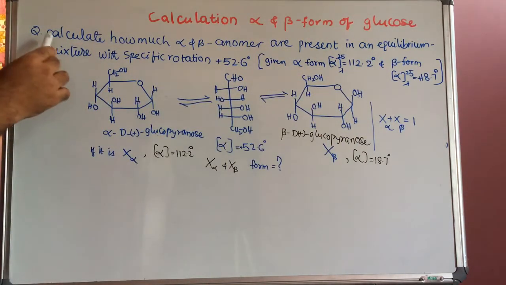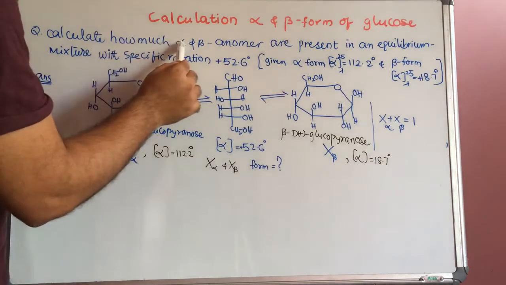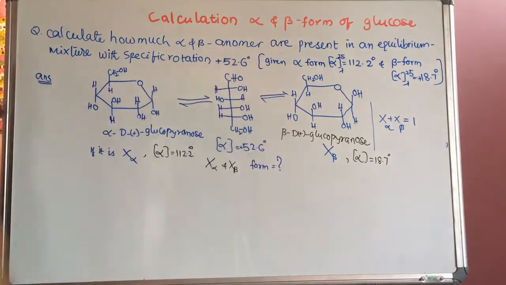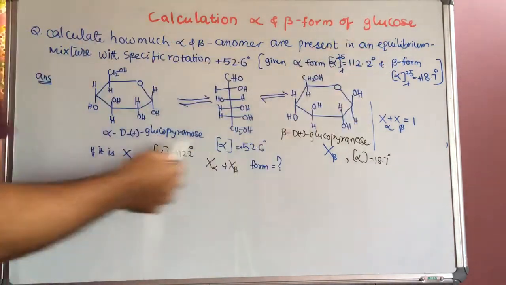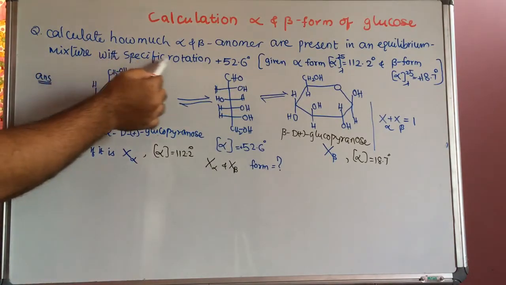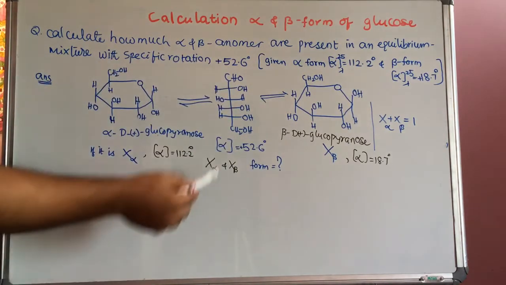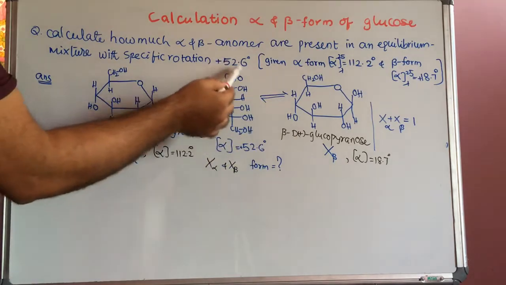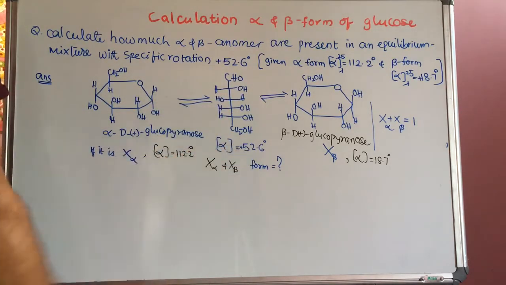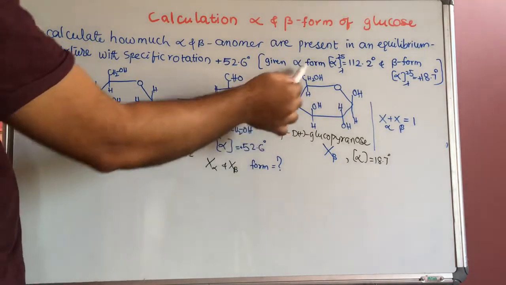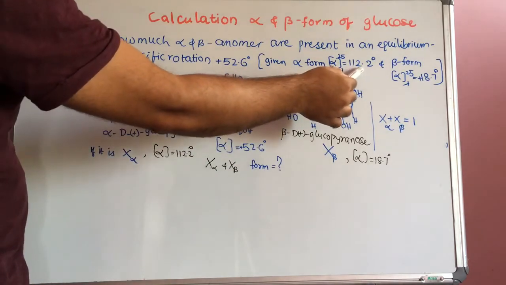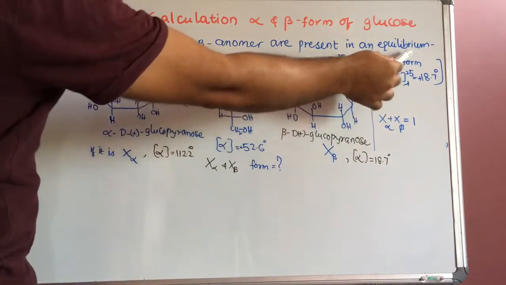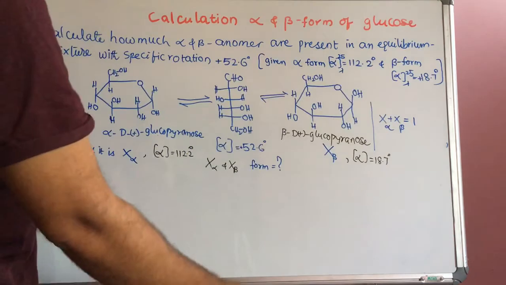So in the question they have given: calculate how much alpha and beta anomer are present in the equilibrium mixture with the specific rotation 52.6. The equilibrium mixture specific rotation is given as 52.6, the alpha form is 112.2 and the beta form is 18.7.